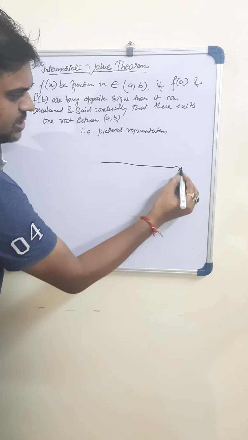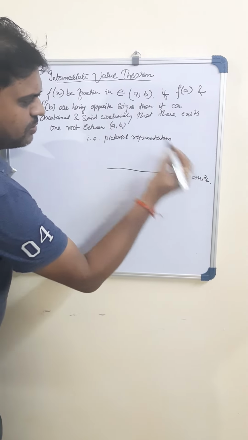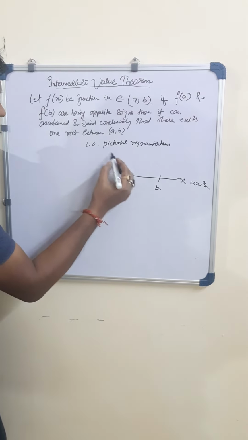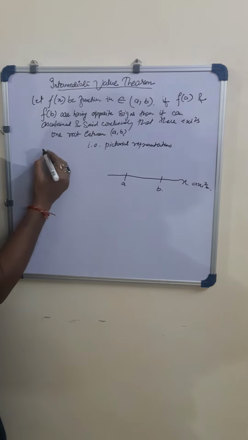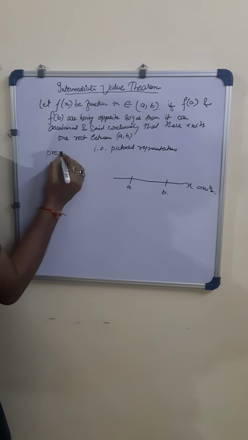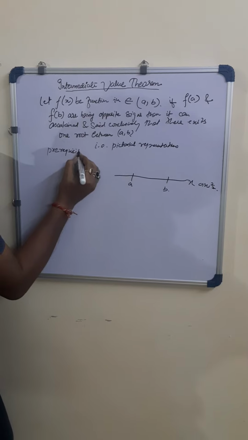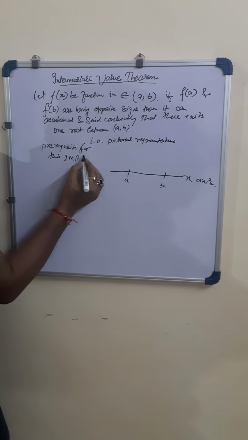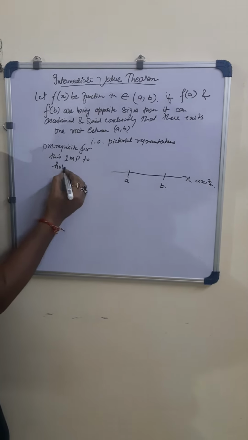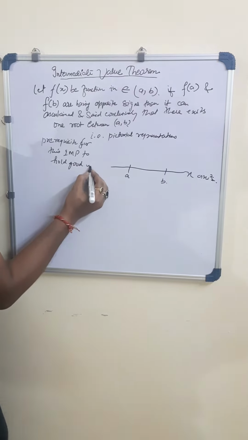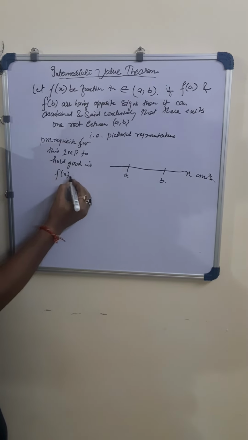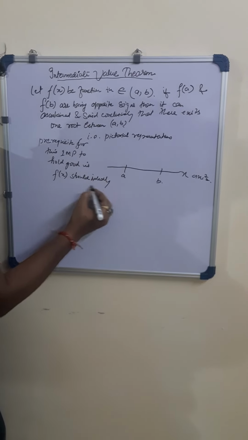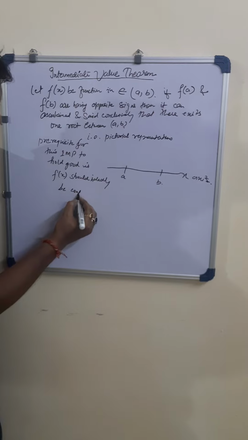If this is the x-axis and we have a here and b here, and there is a continuous function f(x), okay, one prerequisite for this IMP to hold good is that f(x) should ideally be continuous.